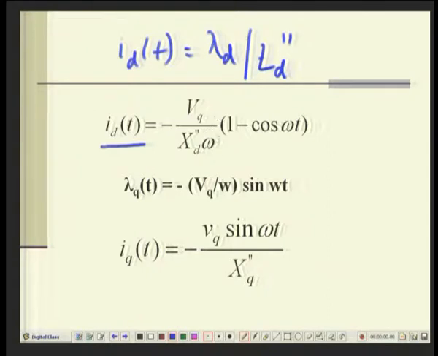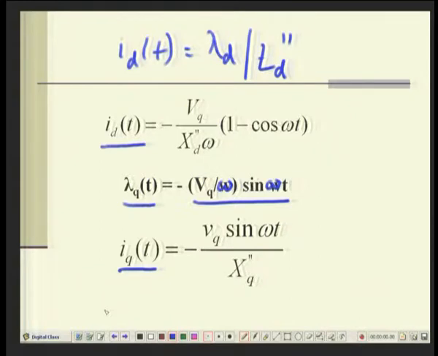So, this Laplace transform will become VQ by omega into 1 minus cos omega t, the inverse. Similarly, lambda q t will be this minus VQ by omega sin omega t. So, what we get is IQ as a function of time immediately after short circuit, if you neglect all resistance, will be minus VQ sin omega t by xq double dash.